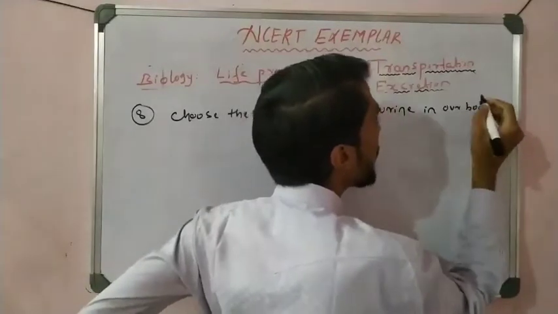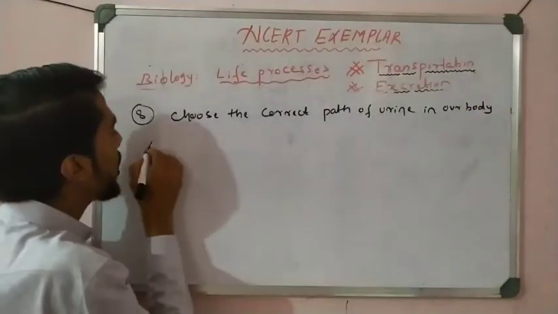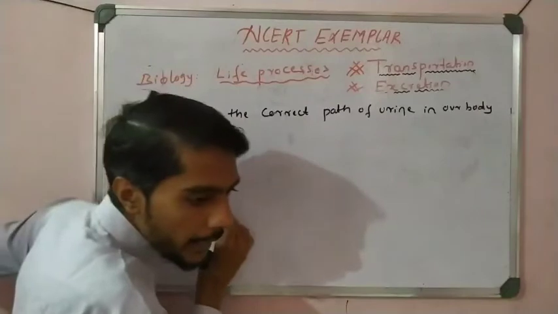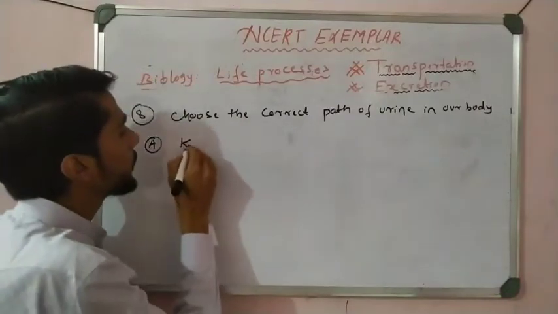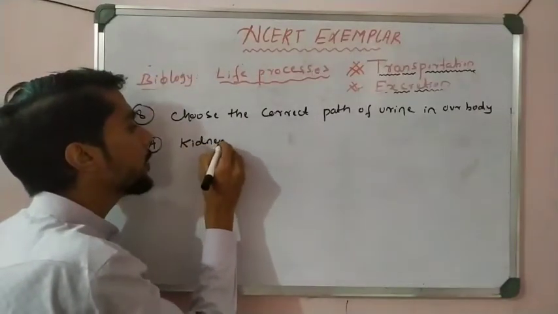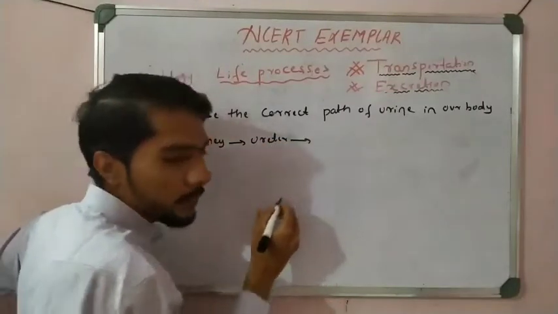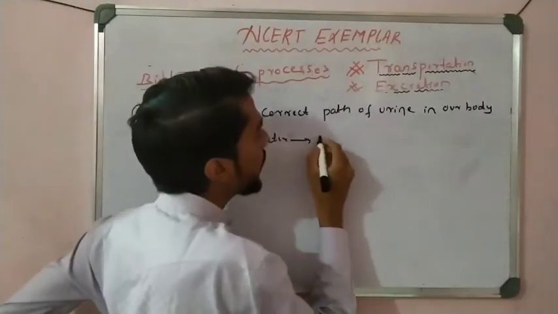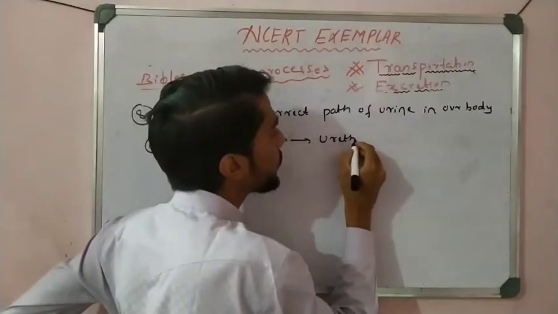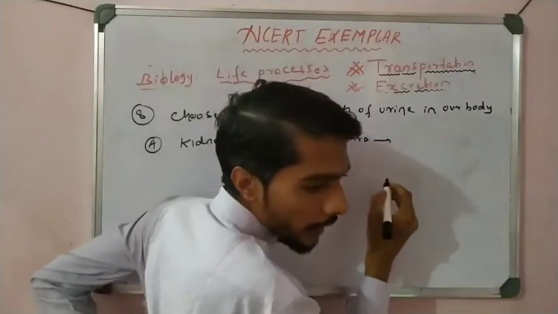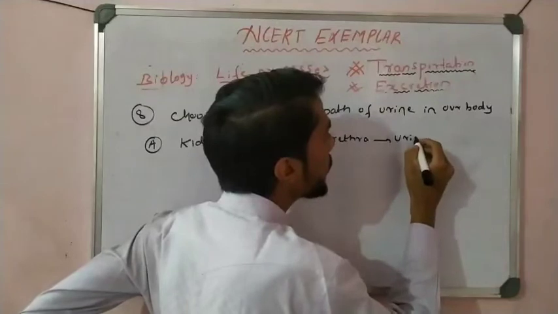Option A, kidney, ureter, then urethra, and then urinary bladder.